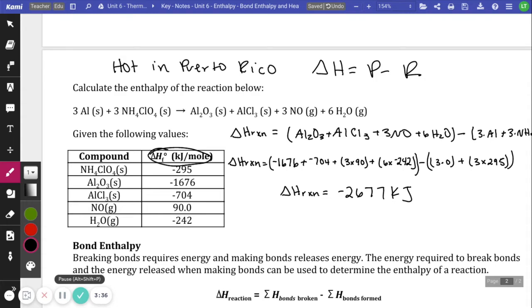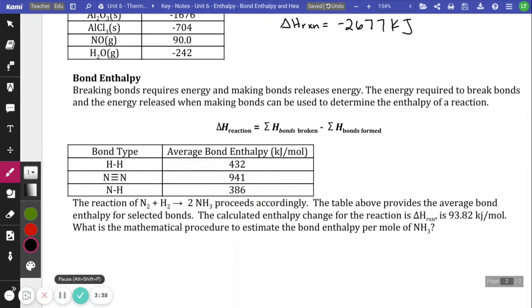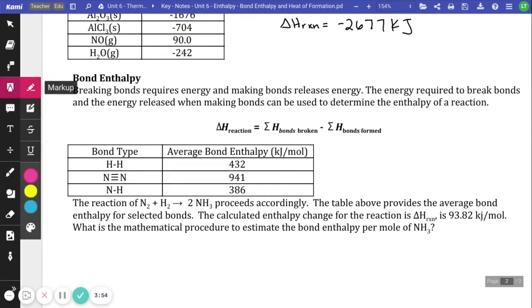Now, our next equation is bond enthalpy, and it's very, very similar, but it gives us the energy of bonds in a reaction. And so it's going to end up being slightly different than this one that we're talking about. So breaking bonds requires energy, it takes energy to break a bond, and making bonds releases energy.